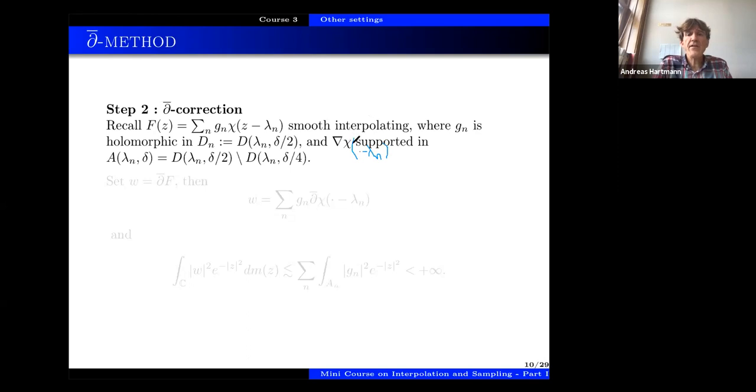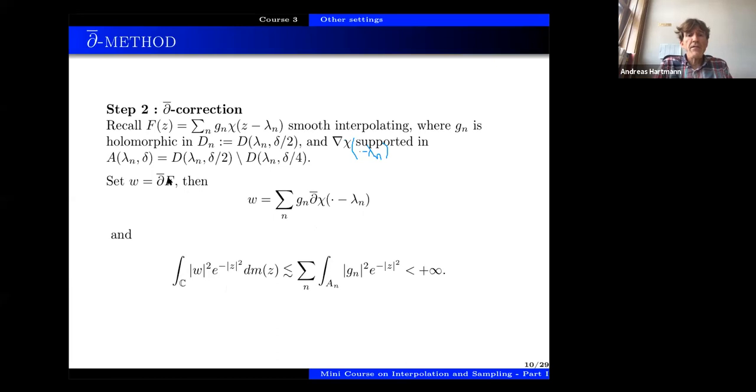The function chi of z minus lambda n, the gradient is supported in the annulus. So we compute the d bar of the function f, of the interpolating function. And the d bar, well, Gn is holomorphic, and so it doesn't feel the d bar, and so the d bar is only felt by this function chi.